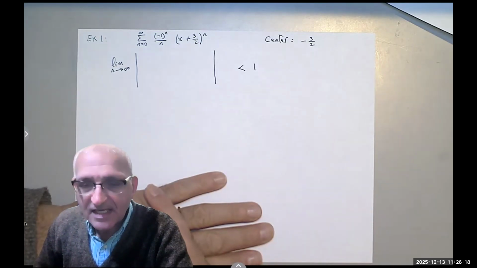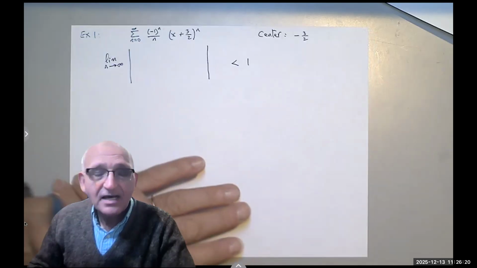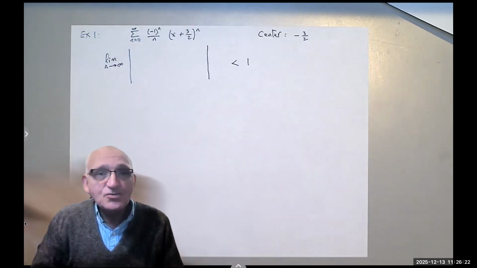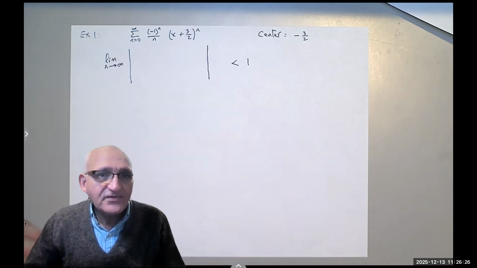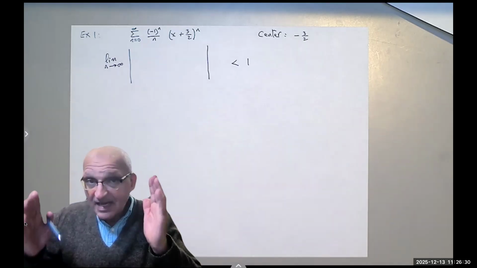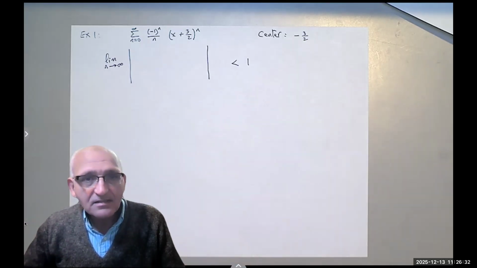Why less than 1? Again, because that's how your series will converge. Any geometric series will converge if the absolute value of that r is less than 1.